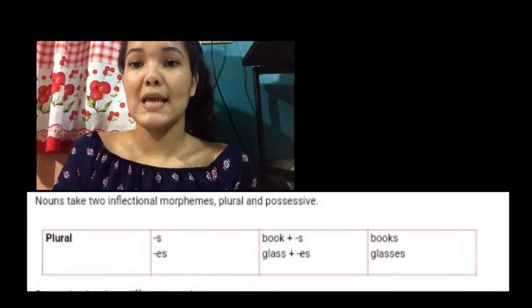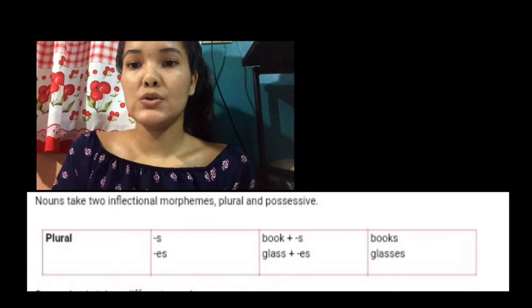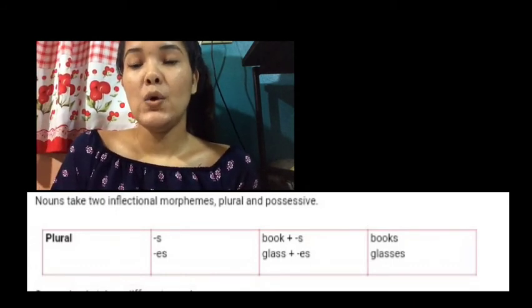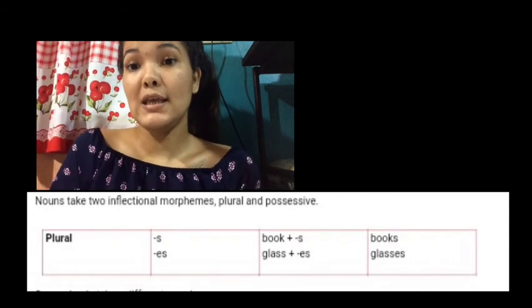So, talking about the regular plural nouns, we have the inflectional morphemes as the common ones in which we only add s or es at the end of the noun. So, for example, as in the word book plus s, we say books. And in the word glass, plus es, we say glasses.